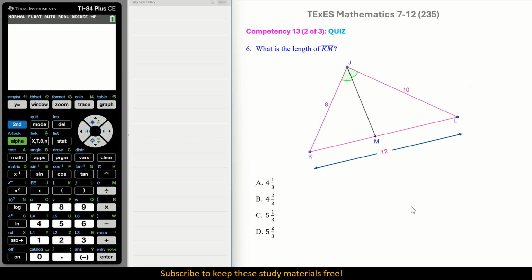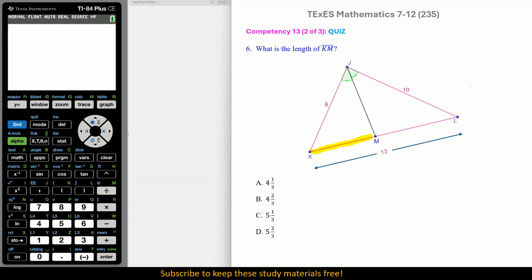Number 6, what is the length of KM? Okay, so I have a diagram here and we need KM.